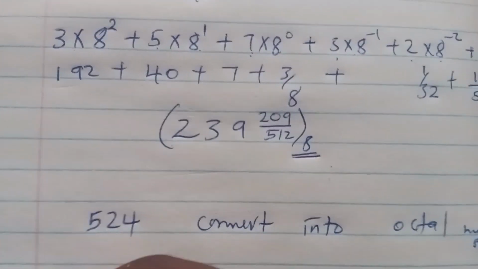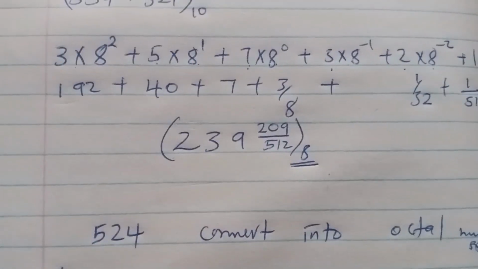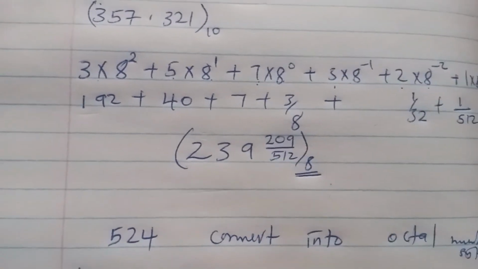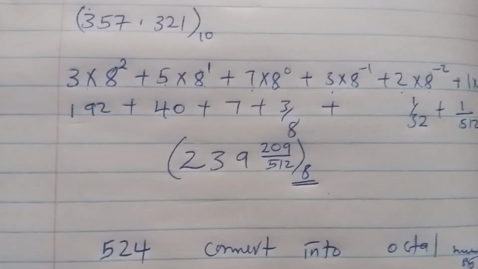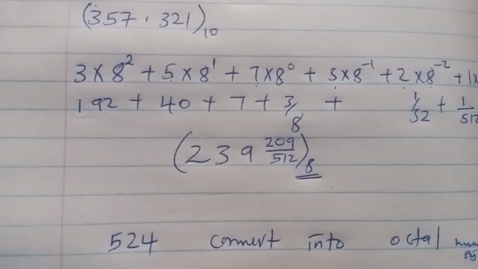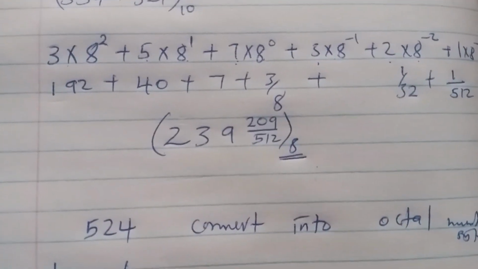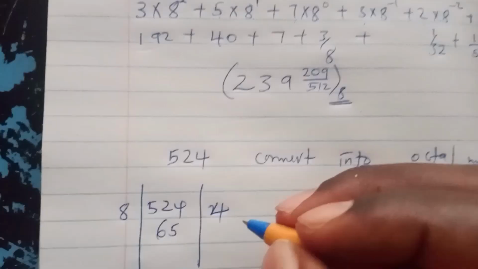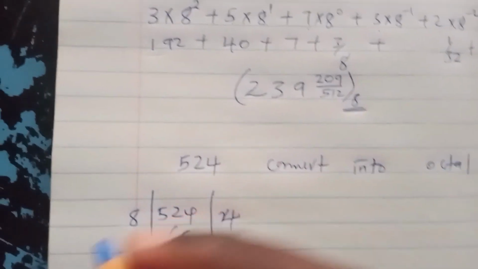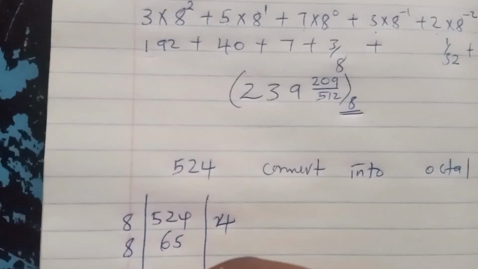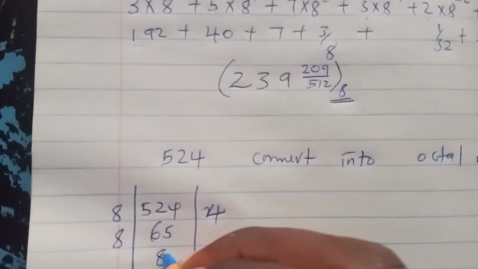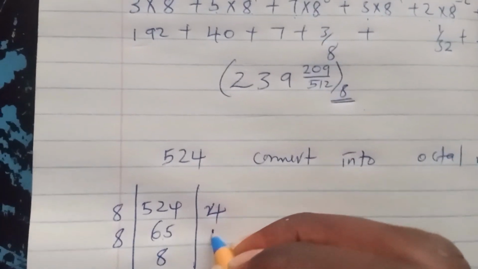It will be 524, then you divide by 8, and you get 65. The remainder is written here, so you get 65 remainder 4. Then you divide 65 by 8, you get 8 because of 64, and you remain with 1.